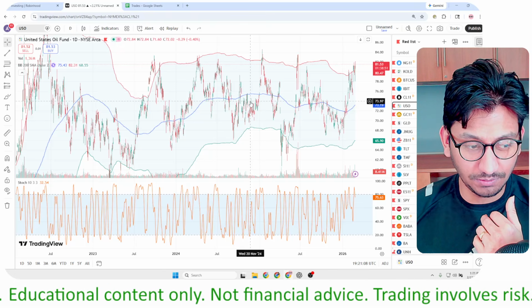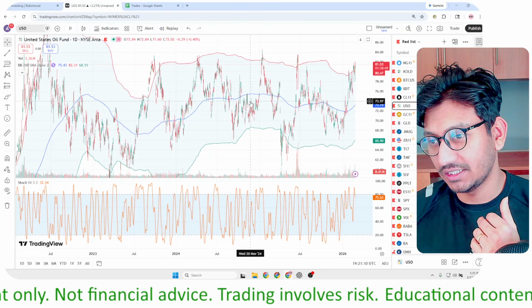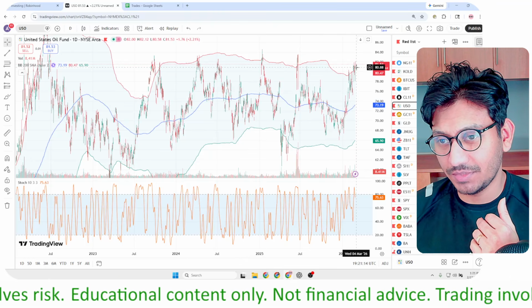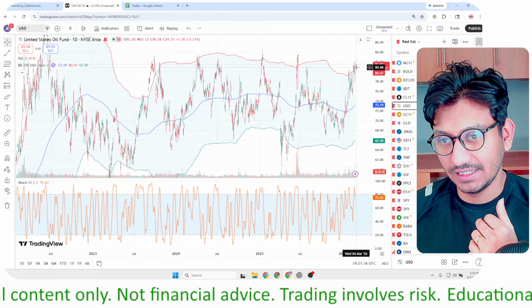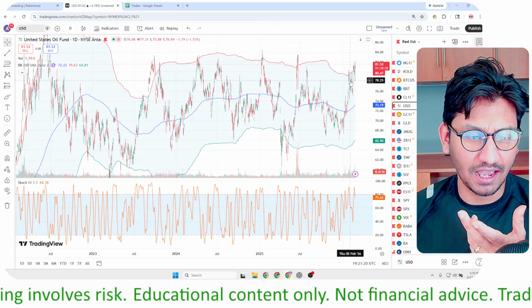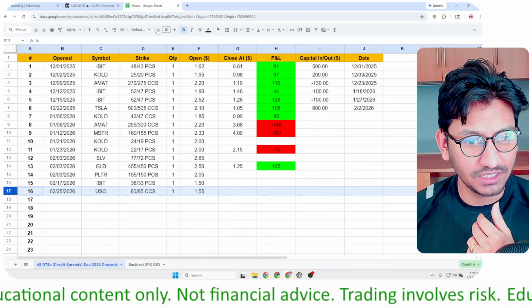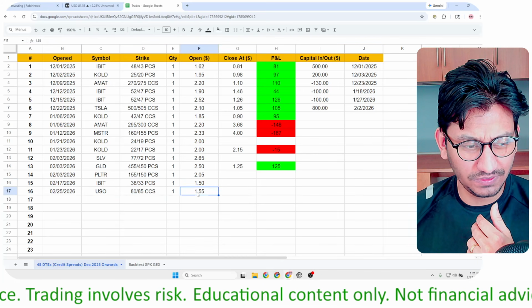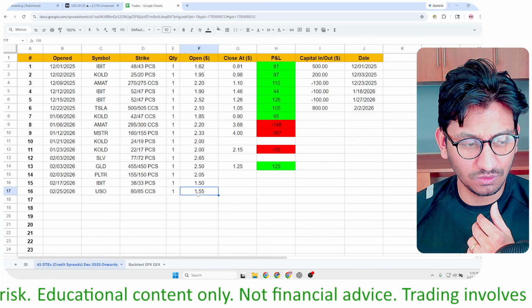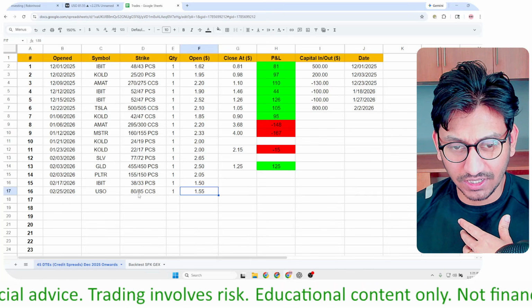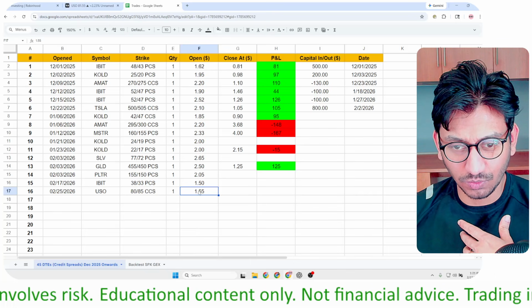Or the fundamental people might say the geopolitical situation is bad, and if something happens in the Middle East, then the oil price would shoot up. I mean, that can happen. I don't know. And if that happens, I would lose almost all of it, depending on how quickly things end and come back down. But let's see what happens with this one.